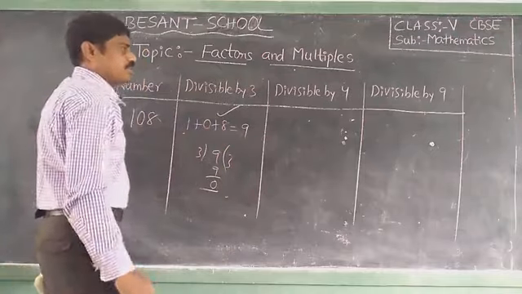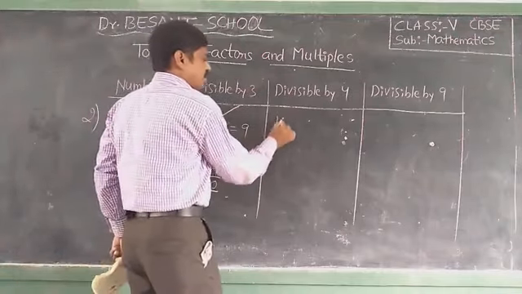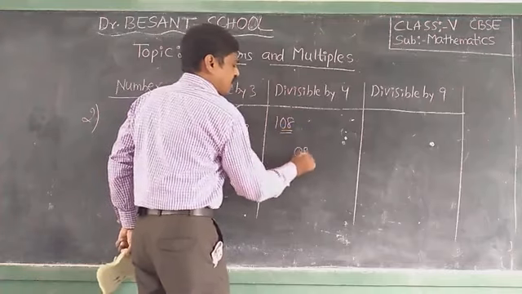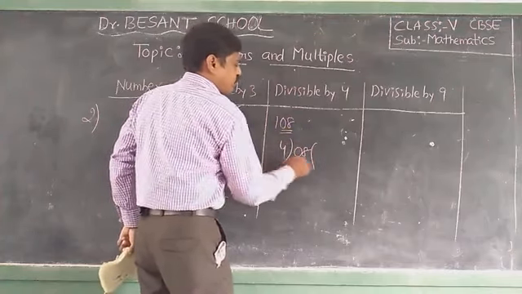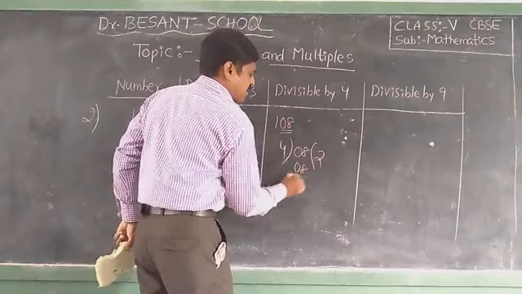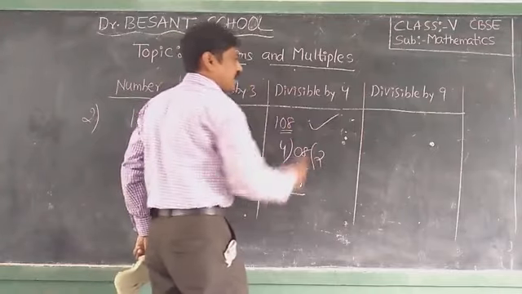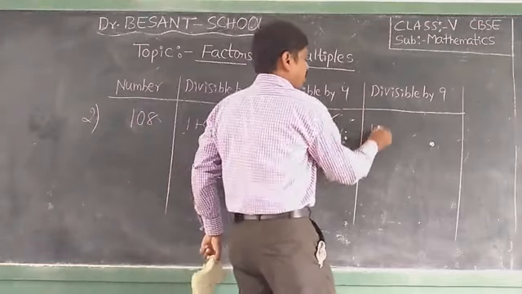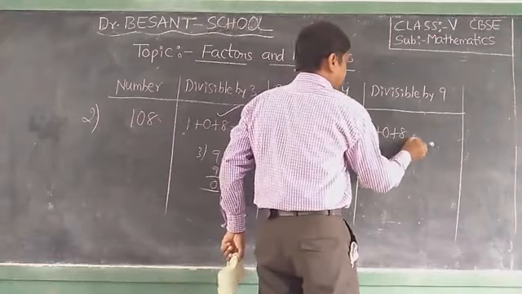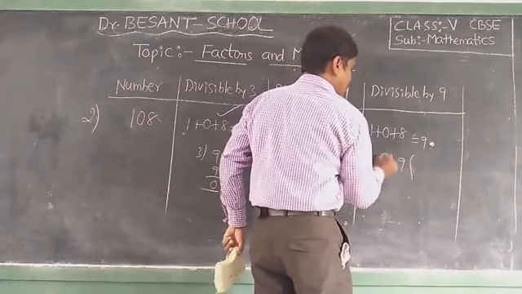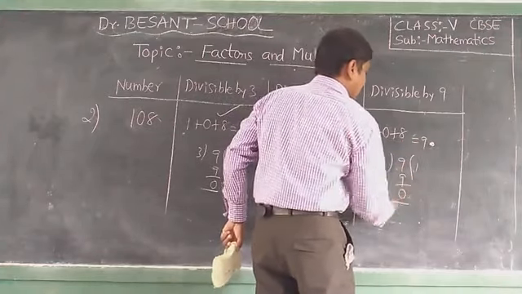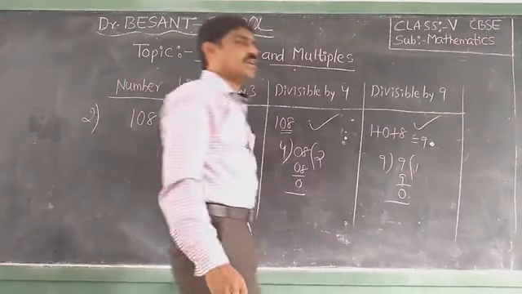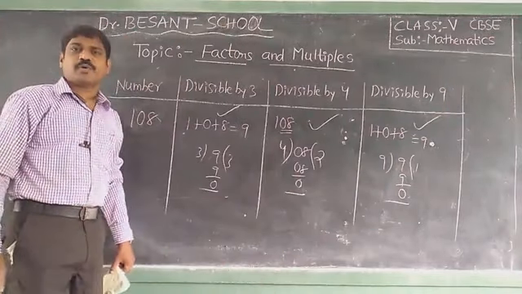Yes, divisible. 108, last two digits 08. So 4 2s are 8. Yes, divisible. 1 plus 0 plus 8, 9. 9 1s are 9. Yes, divisible. Okay.